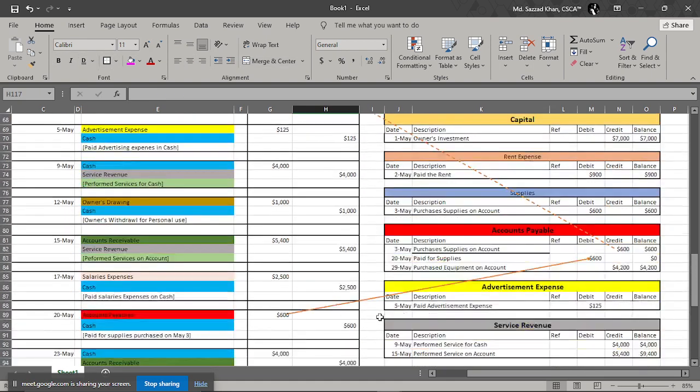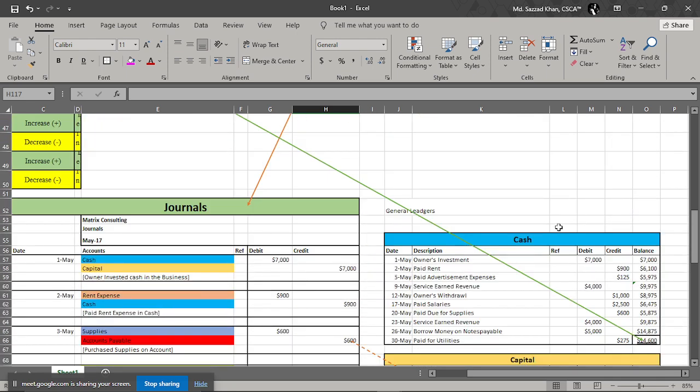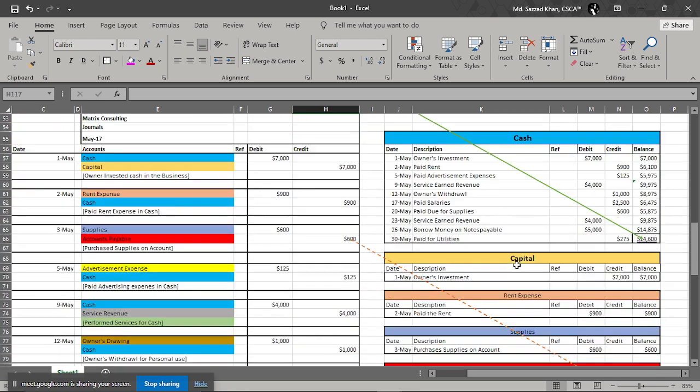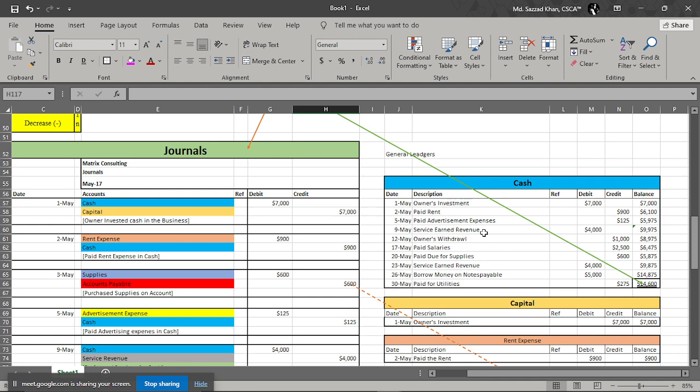We are done with general ledgers. All right. And there is a fine line between the general ledger and the T account. If you understand the general ledger, it will be quite easy for you to understand the T account. Now let us see how we make the T account.